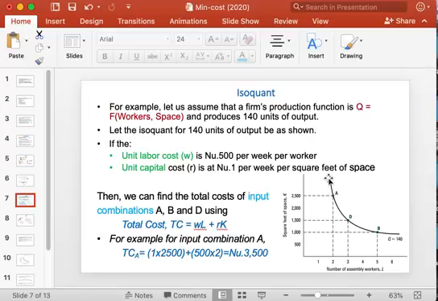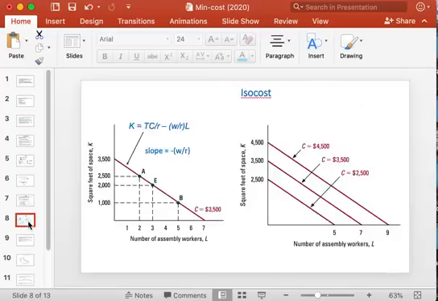Any point on this curve will give you Q equal to 140. For the isocost line, any point on this line will give you a total cost equal to, for example in this case, $3,500.